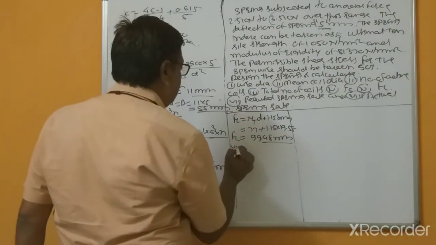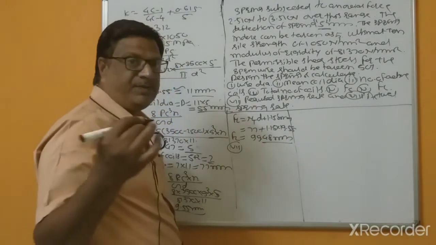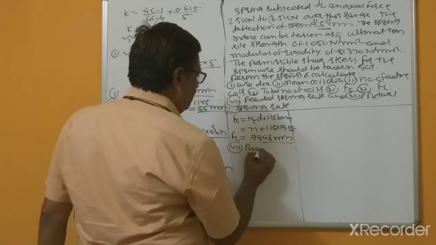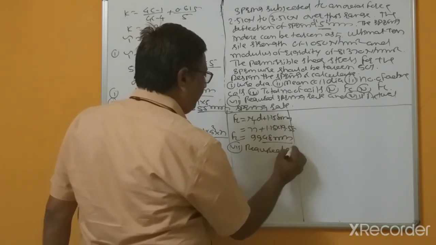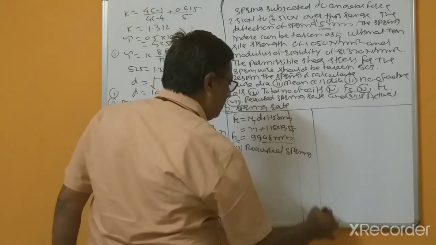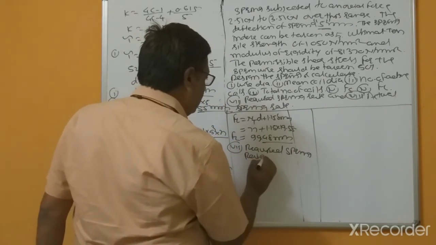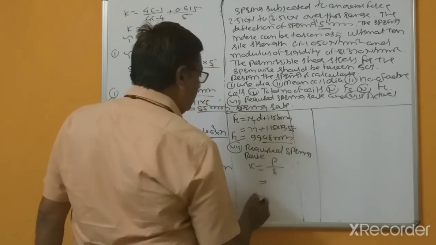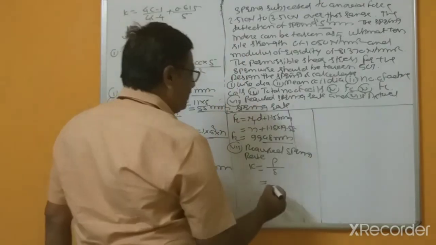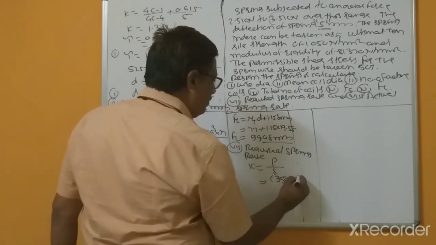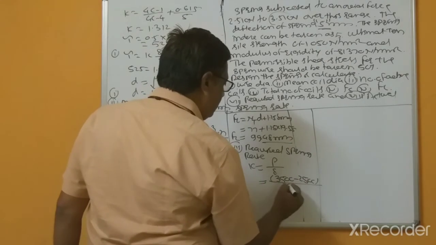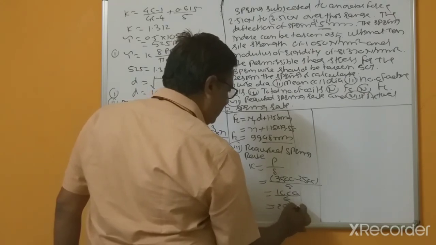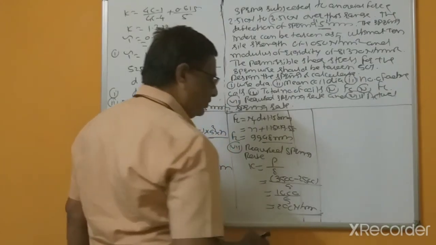Now next 7th bit, required spring rate equal to, so this is K, P divided by delta. Because this is given 3500, and this deflection is given 5 mm, means 1000 divided by 5, this is equal to 200 Newton per mm. This is clear.